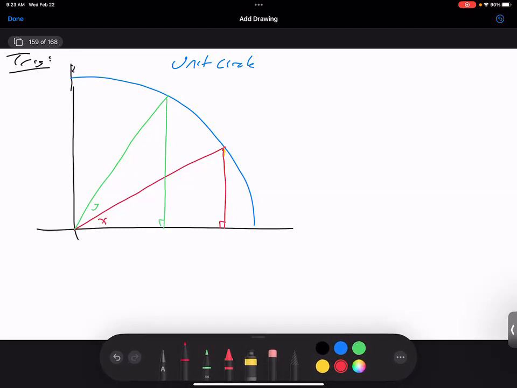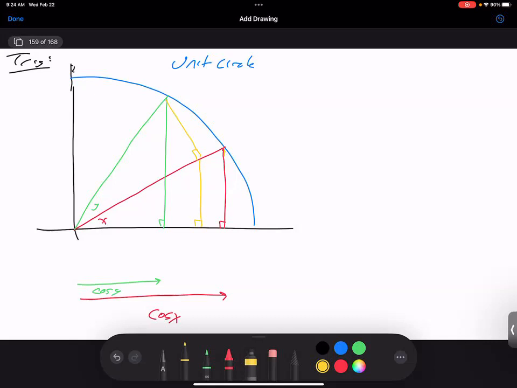So I know this whole distance here is cosine x, and I know this whole distance here is cosine y, and I have similar stuff going up and down. Well, there's other right angles I can draw. I can draw a right angle to this triangle here, and then I can draw a right angle coming down like this.